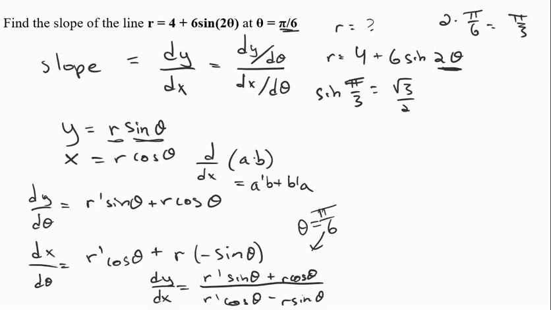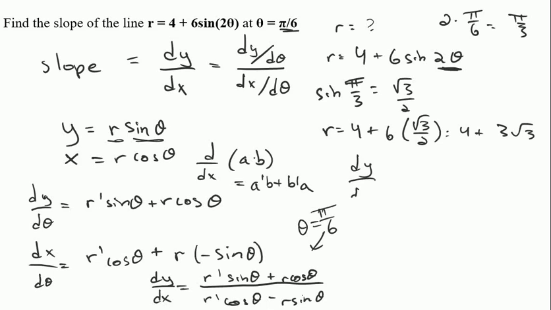Not the nicest numbers, but we'll make it work. So r will be equal to 4 plus 6 times rad 3 over 2 equals 4 plus 3 rad 3.